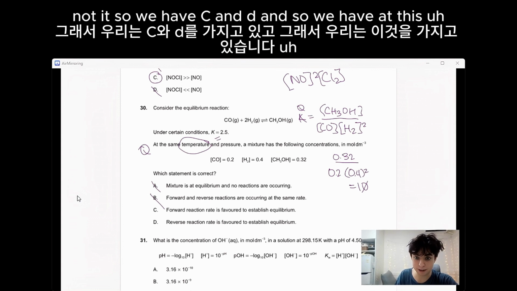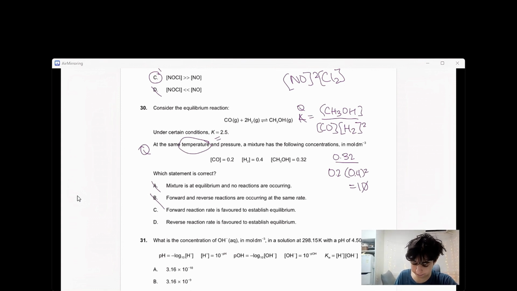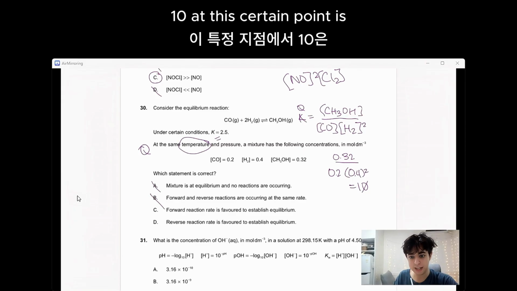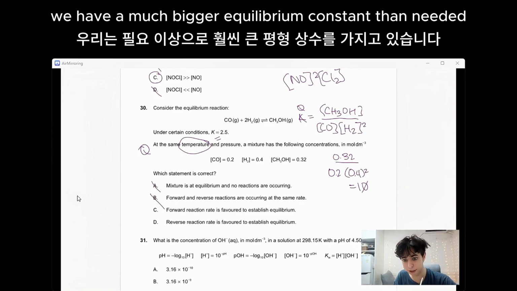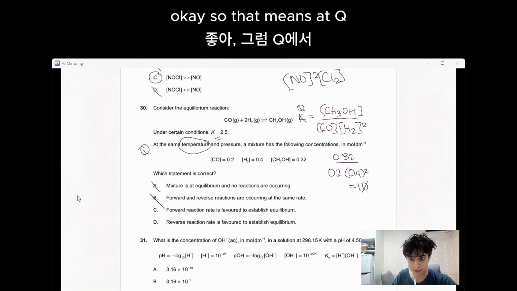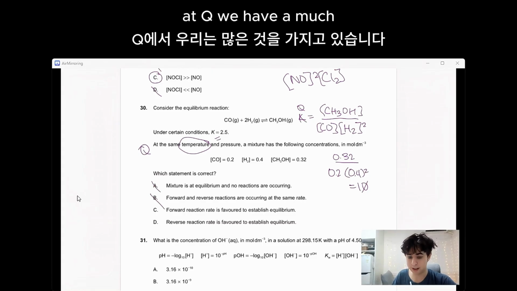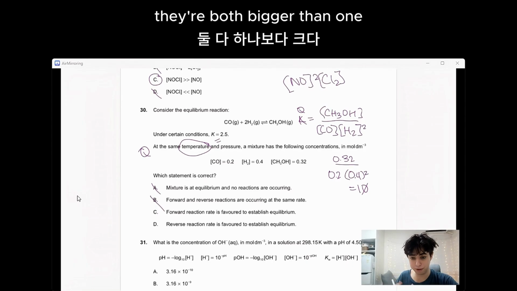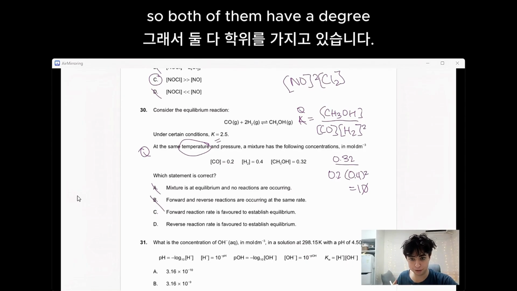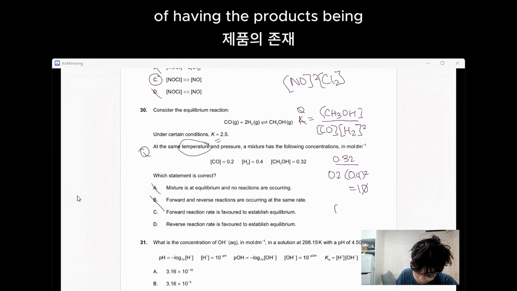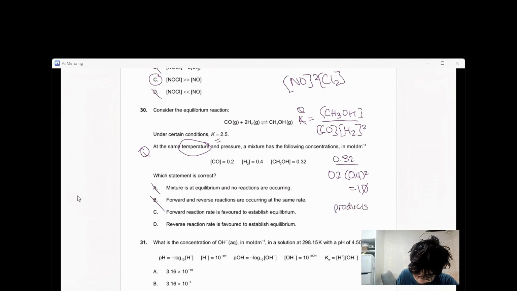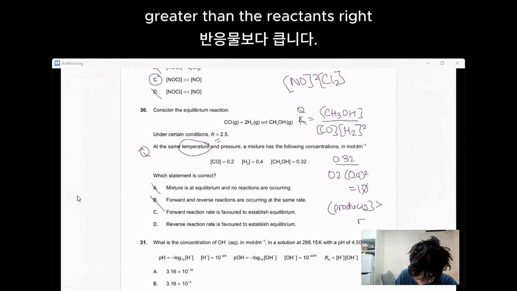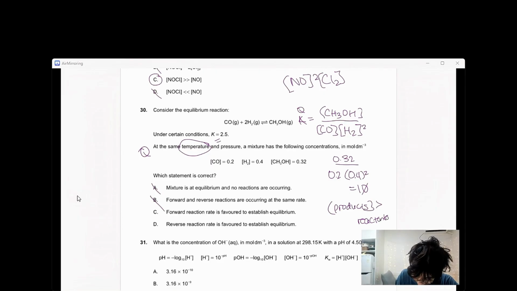And so at this 10, at this certain point, we have a much bigger value than the equilibrium constant needed. Okay? So that means at Q, obviously both of them are bigger than 1. So both of them have a degree of having the products being greater than the reactants, right?